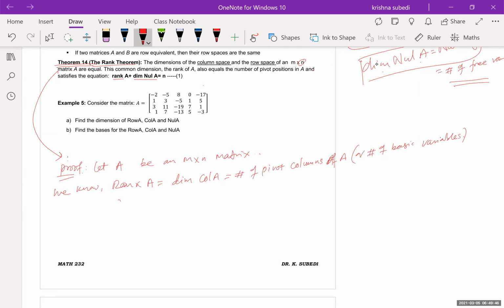We also know that dimension of null A, which is nullity, is number of free variables in A.